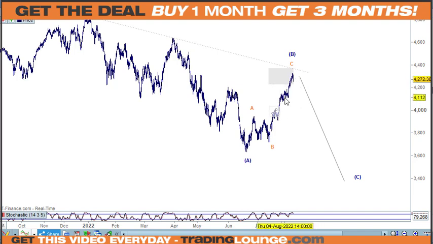But as it stands, with this as 1, 2, 3, 4 and 5 here, this consolidation is the area where wave 4 can pull back. So from wave 3 up here, wave 4 here. Along the way we'll try to understand it and see if it has any more scope to the downside.